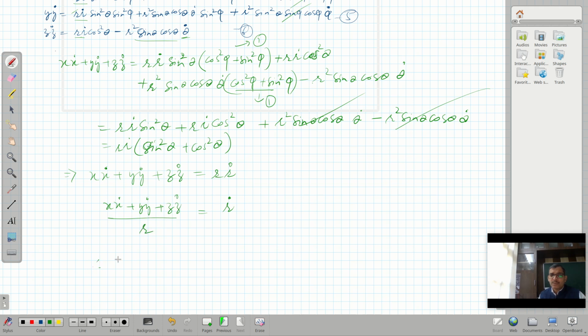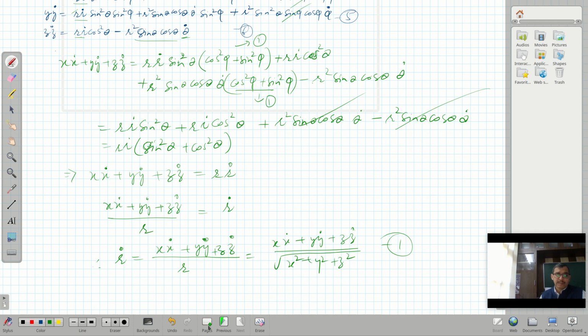So therefore this r dot can be written as x x dot plus y y dot plus z z dot, divided by r, or divided by the square root of x square plus y square plus z square. So the first part of this is proved.